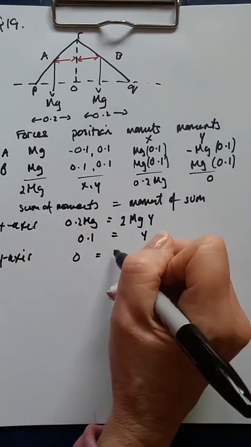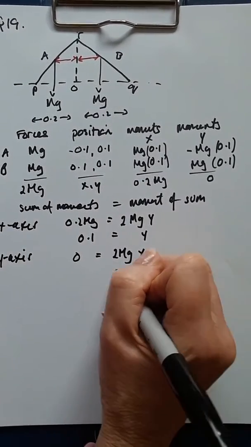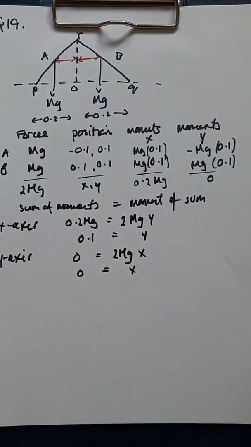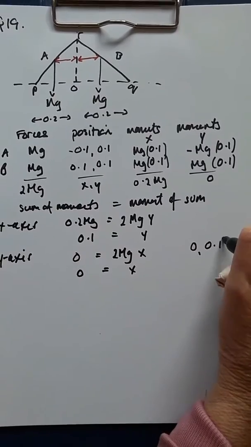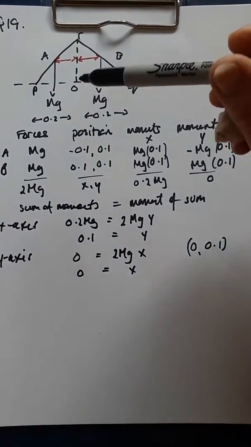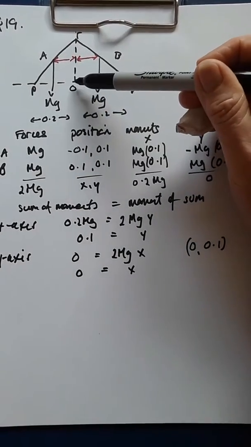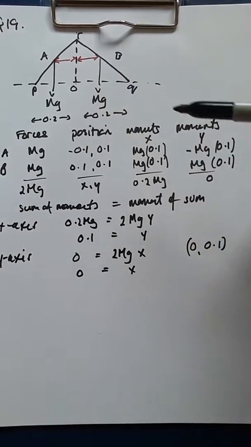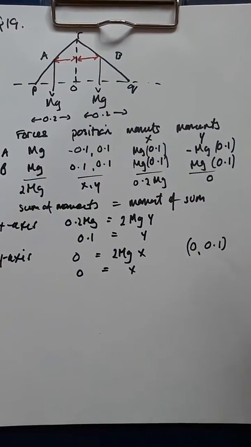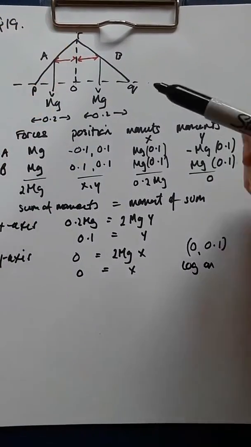The sum is 2 mg, and about the y-axis, of course, that's x. So x is 0. So my centre of gravity is at the position 0, 0.1, which of course makes sense. The centre of gravity of that system will be 0 along the x-axis and 0.1 up the y-axis. So the centre of gravity, therefore, lies on the line RO.